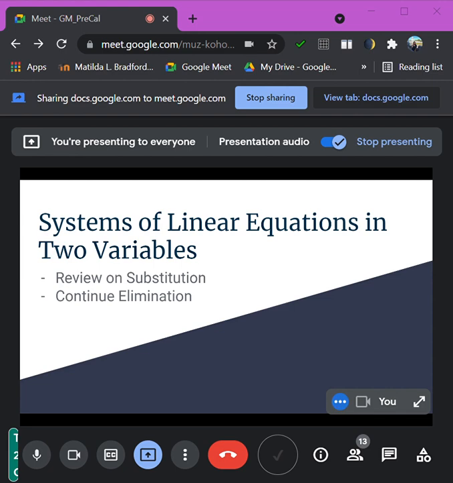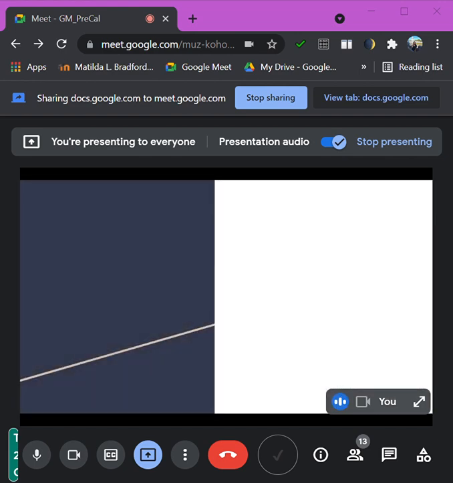In solving systems of linear equations, we can use substitution and elimination.